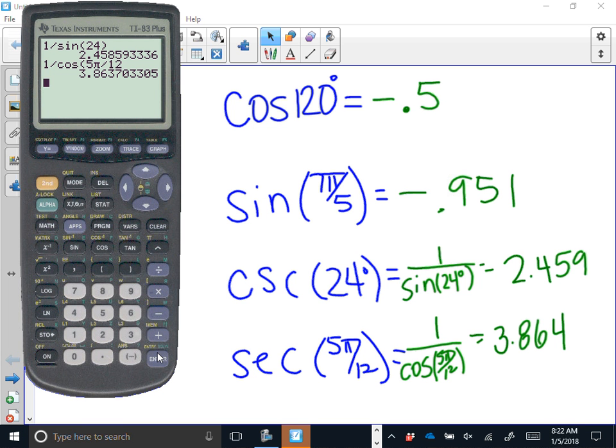And the other one? Okay. What do I mean by label these? I want you to label the relationships. Like if this side is X, what would this side be? What would this side be? Okay? Because you're going to need to be able to use those relationships to solve any special right triangle problem.